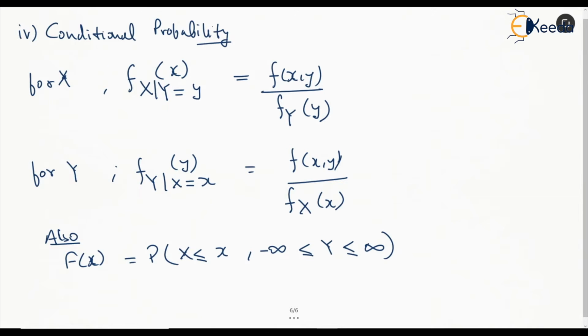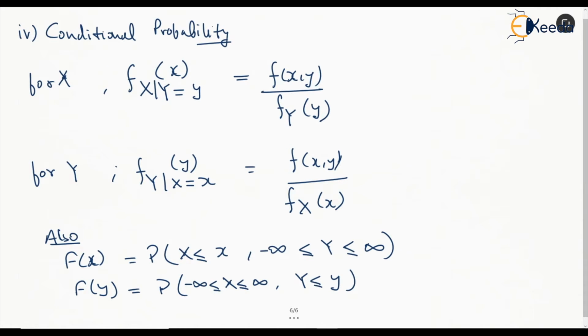And F of y will be the probability that x is over the entire region minus infinity to infinity, and y is less than or equal to small y.